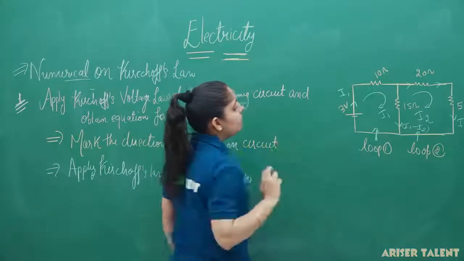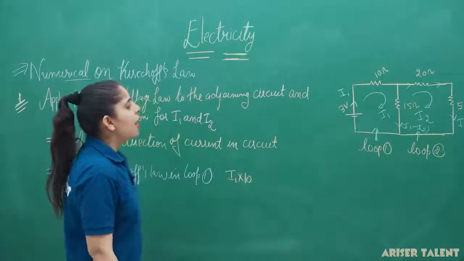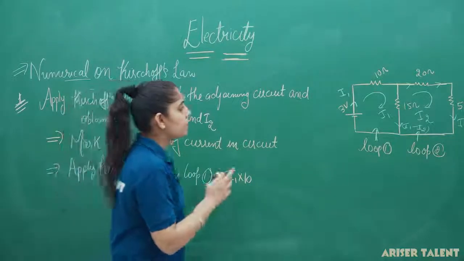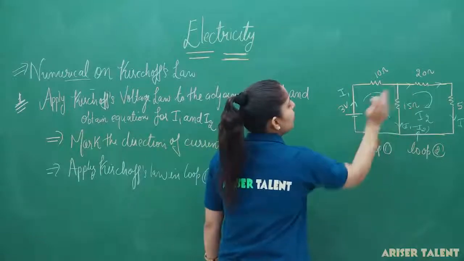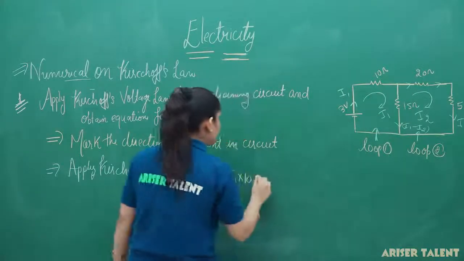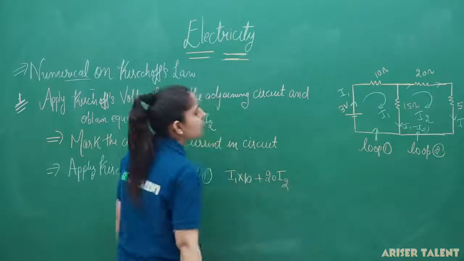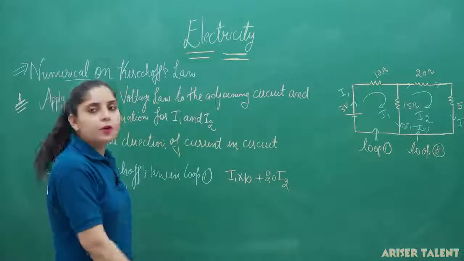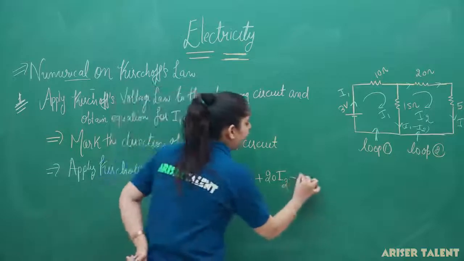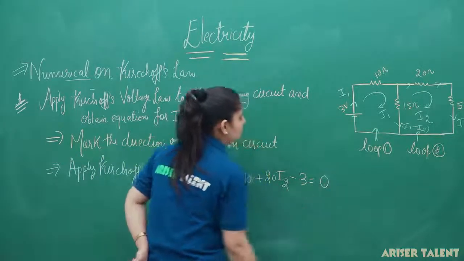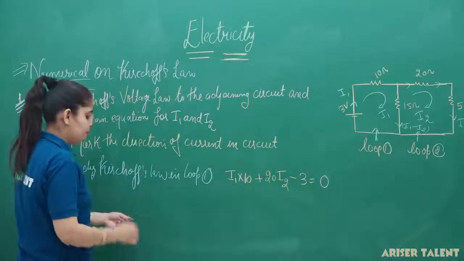Second, this current is flowing in this branch too, so I can take 20 into I2, and lastly, the battery of 3 volt is connected here. So, minus 3 will be equal to 0. So, this is the equation for loop 1.